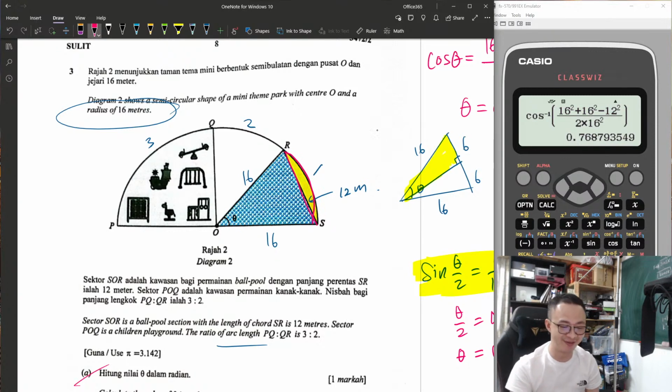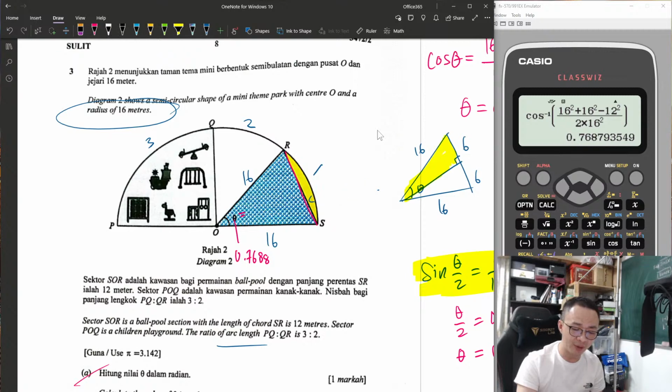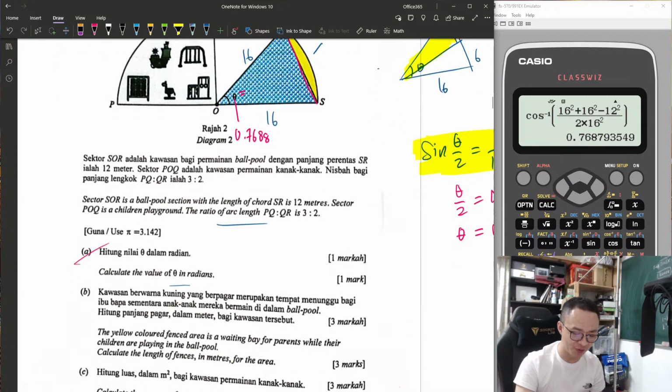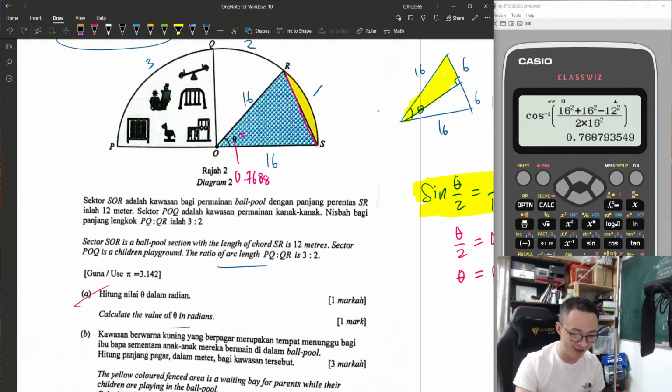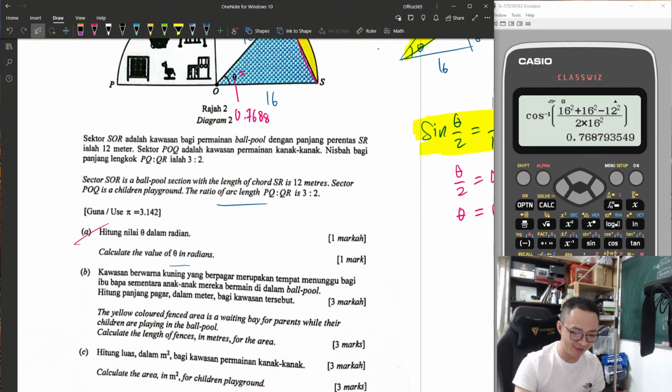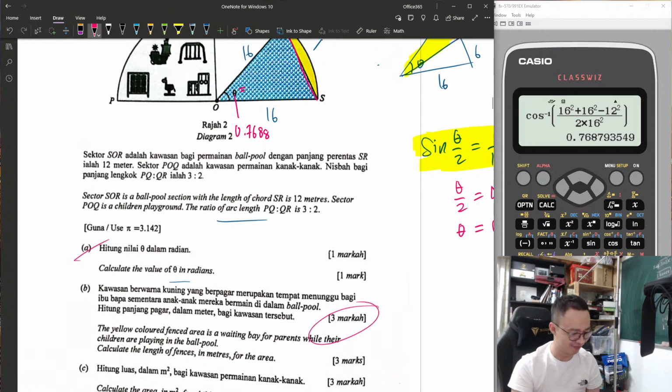I hope you can see the red color. Since I have this one, the theta itself is 0.7688, right? Okay. So here, I'm not sure why they give so many marks, because for me it's very easy. Just need to find the arc length plus the 12. But they give 3 marks. I don't know how they give this mark.